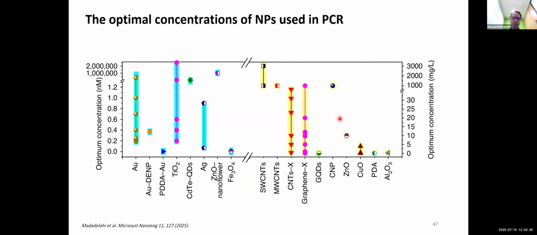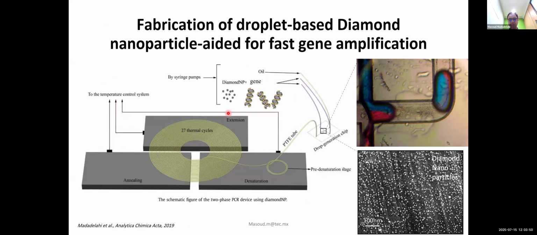And optimum concentration is shown here. For each nanoparticle, we have an optimum concentration for that PCR process. Again, carbon nanoparticles are here, metals are here. So you can find the best concentration for each nanoparticle.